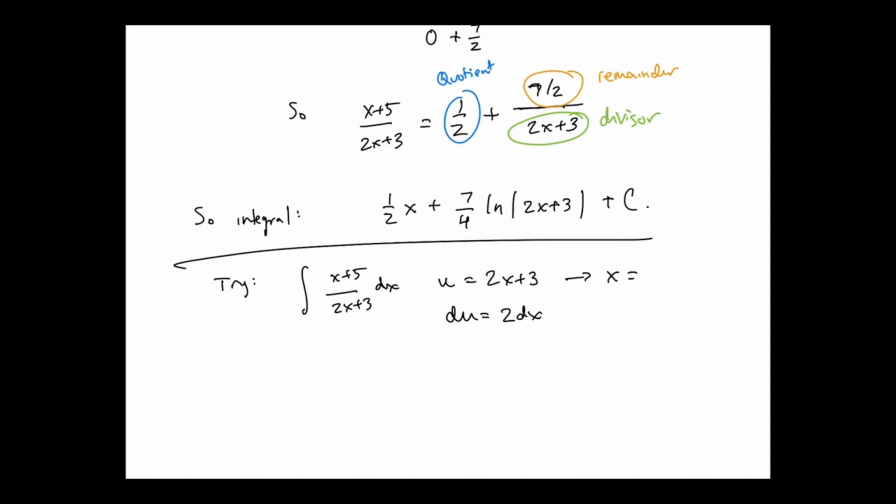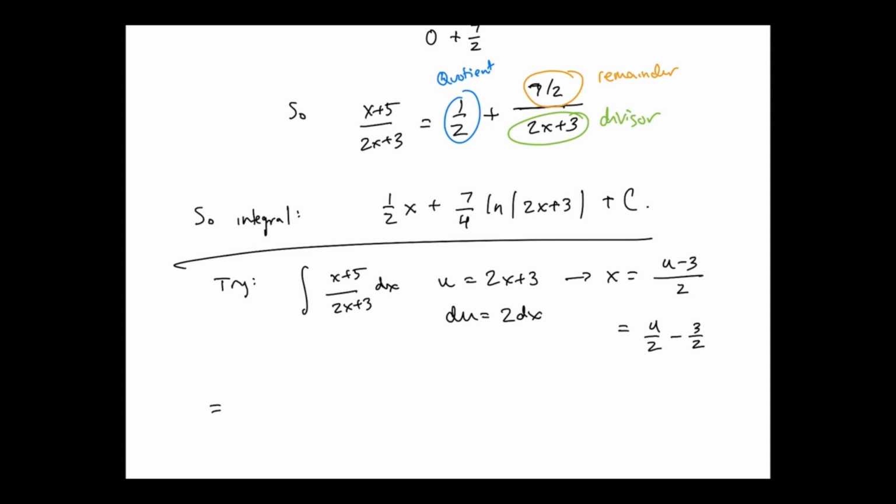U minus 3, and then, of course, divided by 2. Right? Good? Okay, and so then x plus, well, let's go ahead and simplify this a little bit. Let's write it as this.